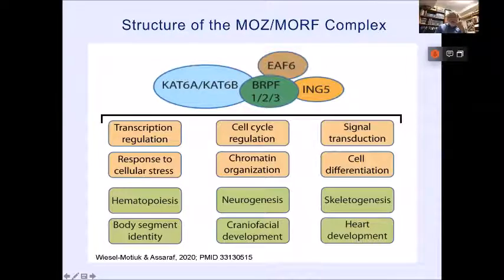Of course, the development of the brain is involved before birth, as is the skeleton. Heart development has been involved, and there are some what geneticists call dysmorphic features that are also a result. They're different in children with Cat6A and Cat6B as a result of dysregulation of these systems.